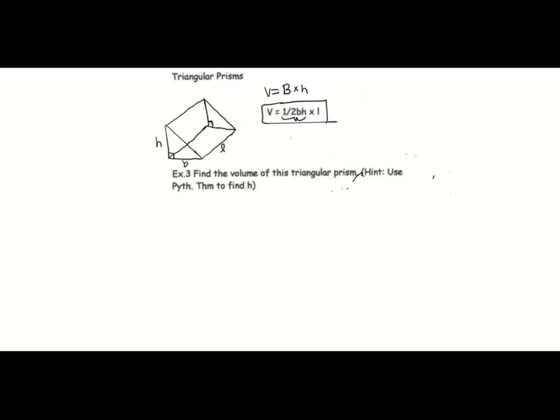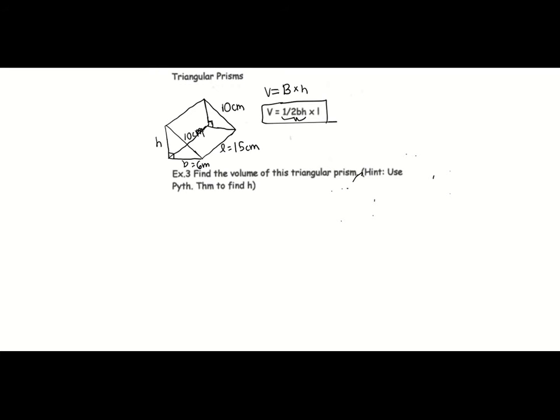So if we have our given information on here of 10 centimeters along this side, our L is 15 centimeters, our B is 6 centimeters, and that is all the given information it gives us. So it tells us, hint, use Pythagorean theorem to find h. We have a right triangle, we know our leg B is 6 centimeters, and our hypotenuse is 10 centimeters.